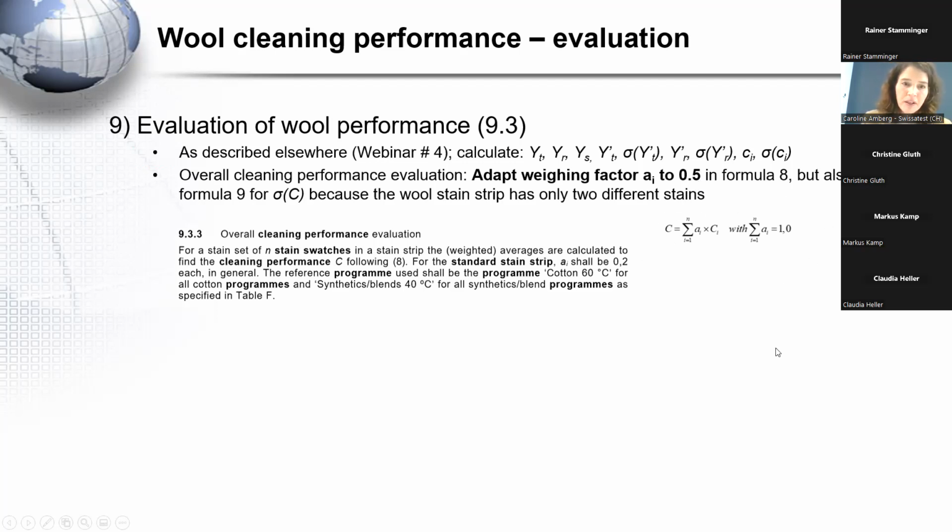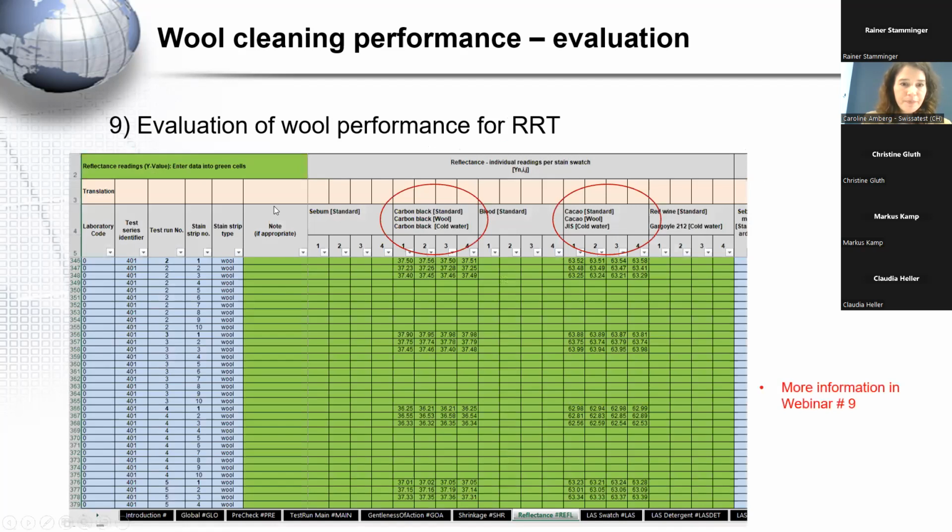For the round robin test, you don't have to care for that, because this is done directly in the evaluation sheet. You just have to add your data, as you have to do it for the standard cleaning performance. So you have to record, of course, first the test series, which washing machine is used, the program, and so on.